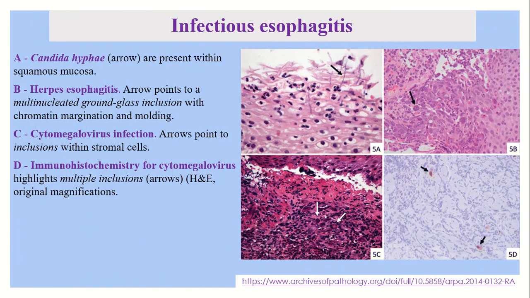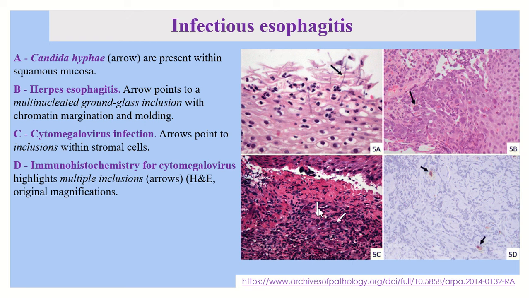Another kind of esophagitis is infectious esophagitis. Here you see the esophagus affected by Candida, a fungus. Here you see the hyphae of Candida. Then herpes esophagitis. Here we see multinucleated ground glass inclusions inside of the cells with chromatin margination and molding.